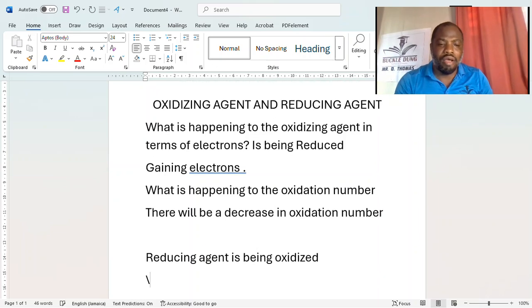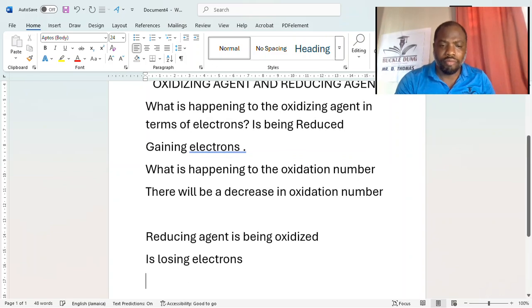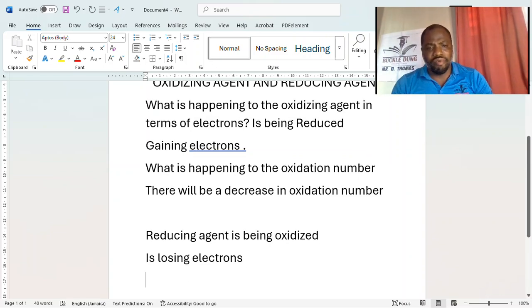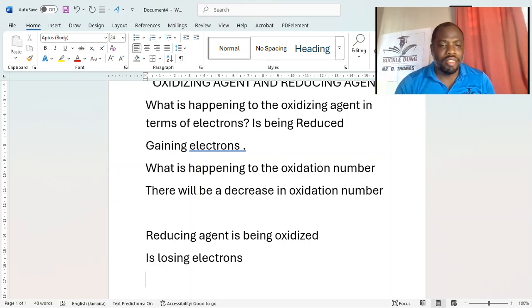And if it's being oxidized, then we know oxidation is a loss of electrons. So the reducing agent is losing electrons. And then, of course, we made mention about the oxidation number. Since it's being oxidized, then you're going to have an increase.